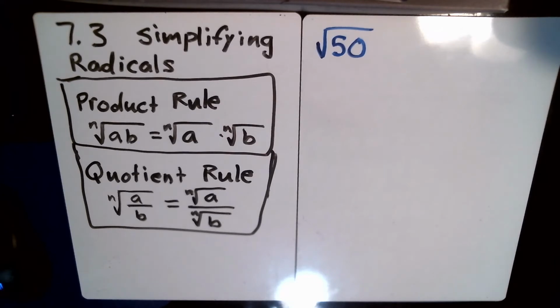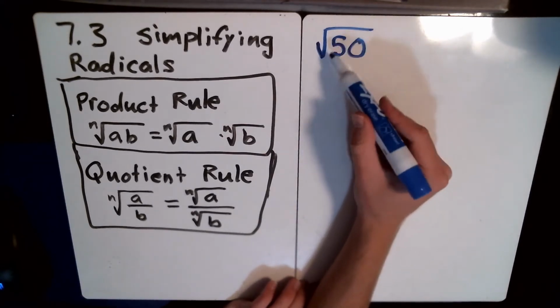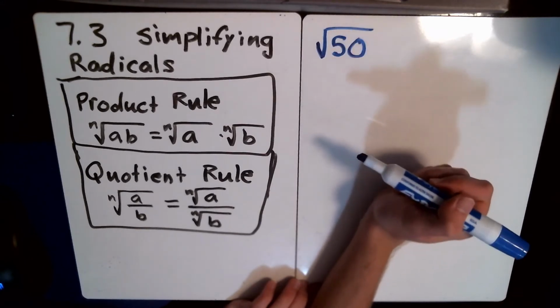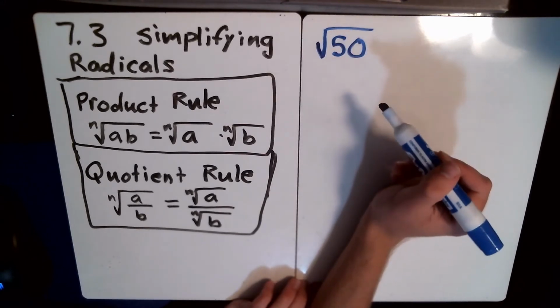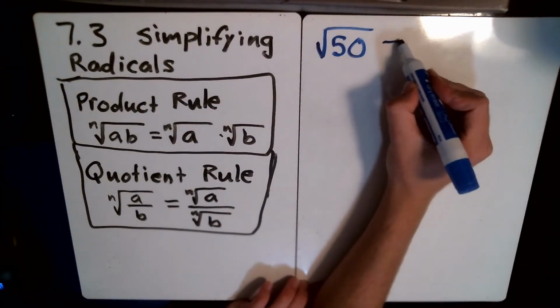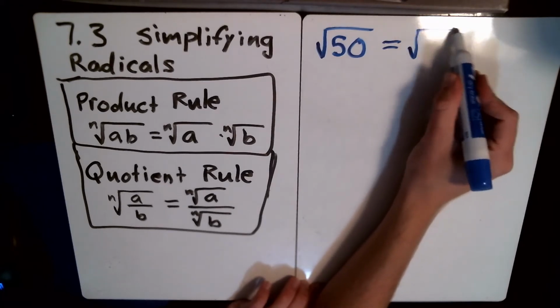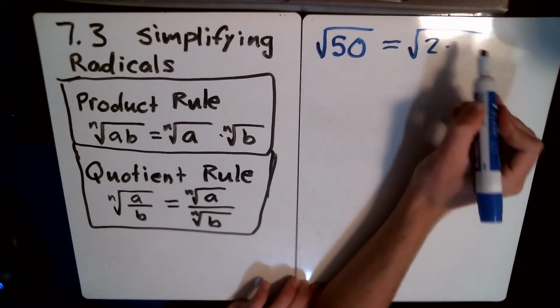And so one way that you can simplify this is if you kind of think of what goes into 50, the factors of 50. Well, let's see, we know 2 goes in there, right? Because it's an even number, so I could factor out a 2.